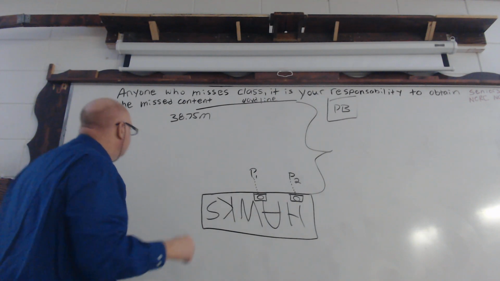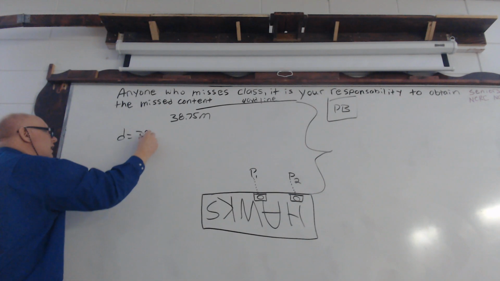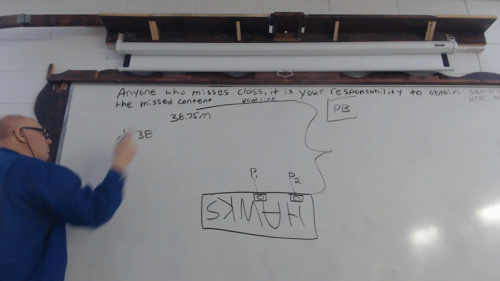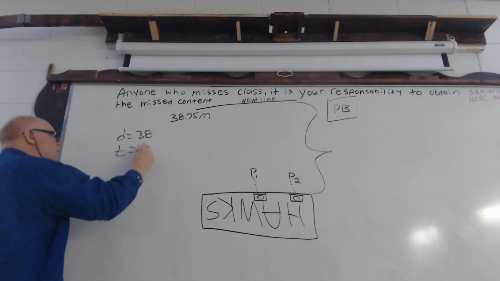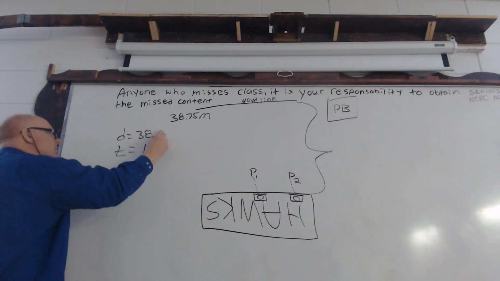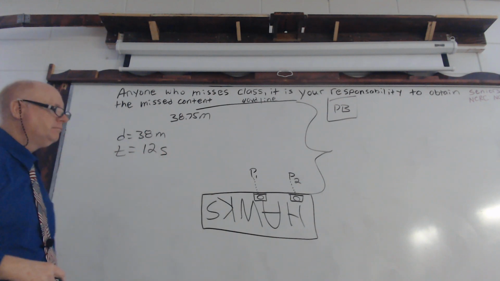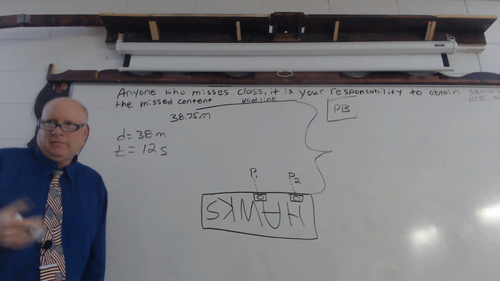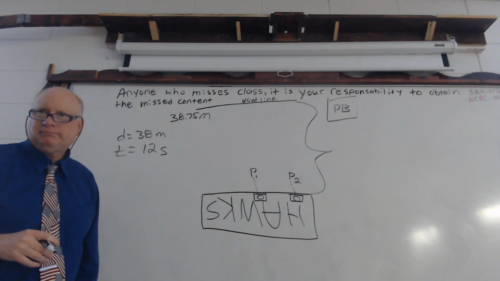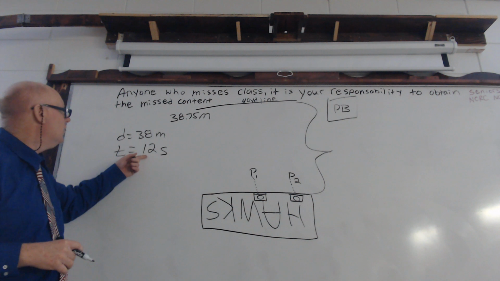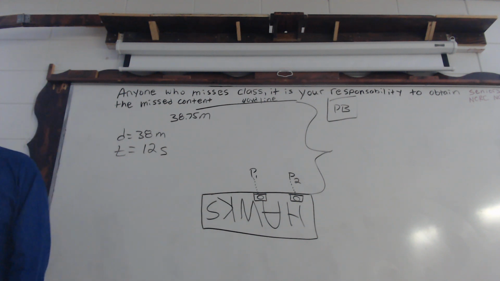So then, if we know the distance, 38.75, we know the time. We'll just say 12 seconds. I don't know, I'm just making that up. I think someone can probably get this down to close to 10, even down to single digits.